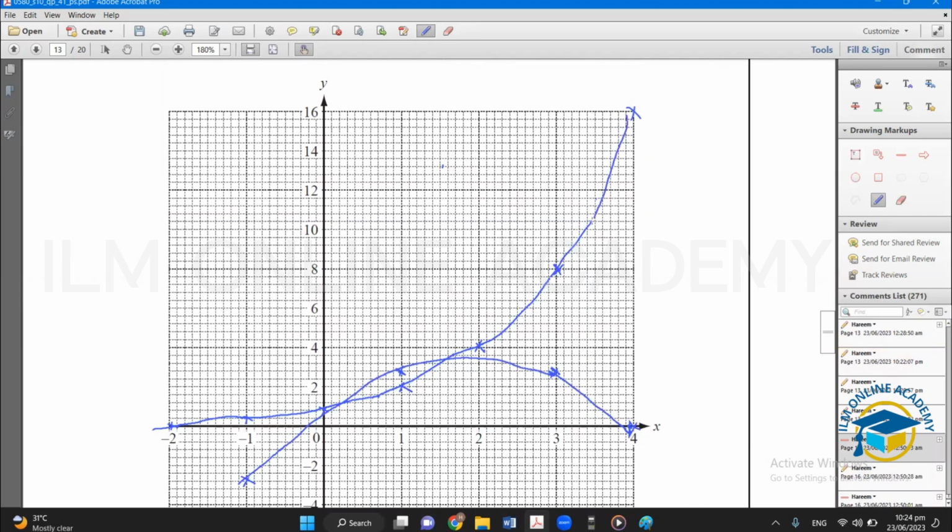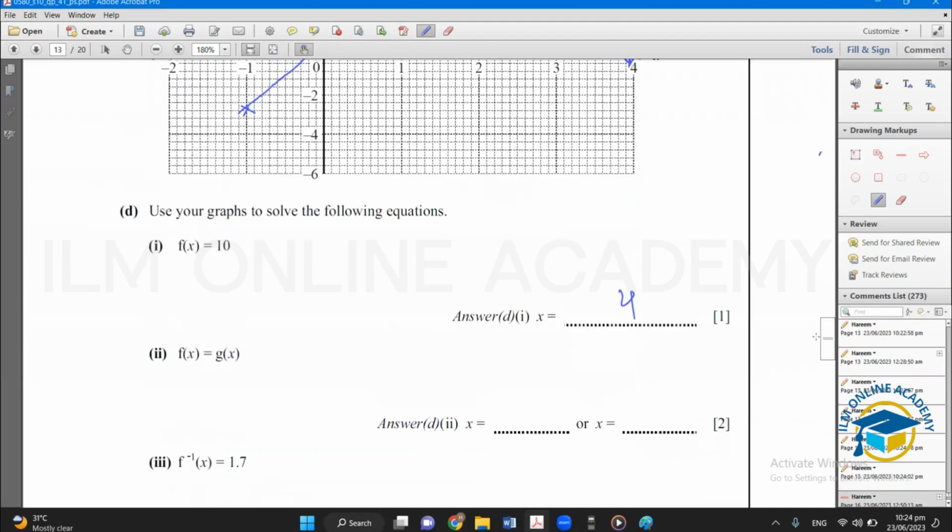It means I have to draw this also. So the 10 is basically cutting down here, and here it is 3.4, not 4.